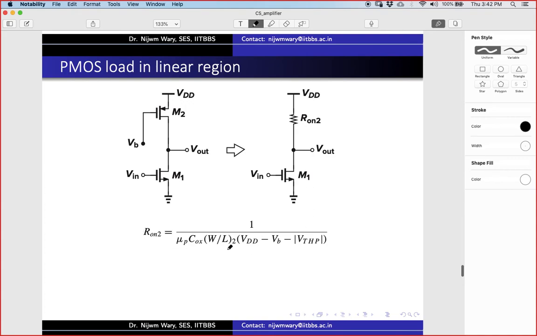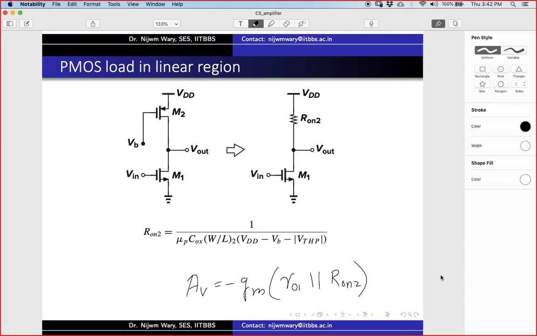So it's not the VGS minus VTH. So this is the expression. Then the gain will be minus Gm into RO1 parallel R12, right?